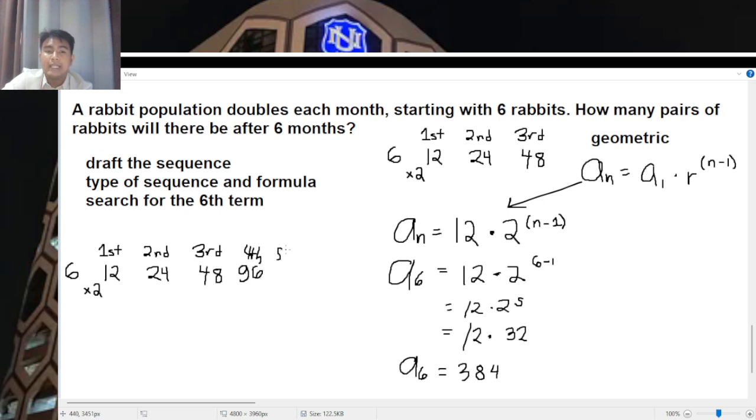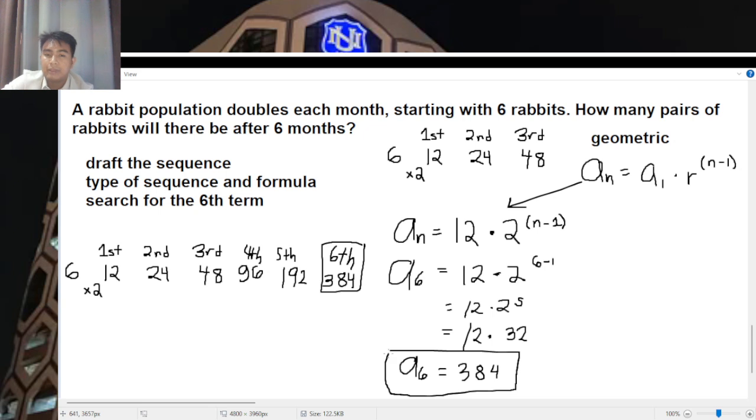Now, the fifth month: 96 times 2 would be equal to 192. And on the sixth month, remember, they only double on the following months every time we count months, so multiply it again by 2. Times 2 would be equal to 384. So that's the answer here.